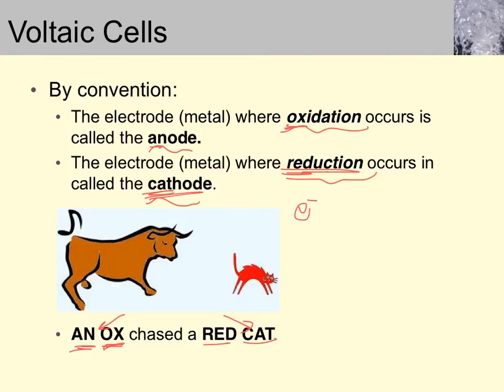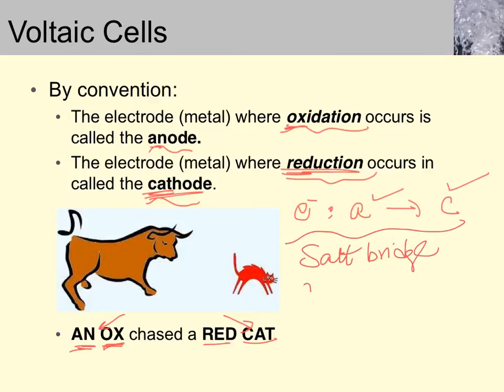Electrons travel from the anode to the cathode. A comes before C. That's how I remember that one. And finally, when you're talking about the salt bridge, anions are attracted and travel to the anode.